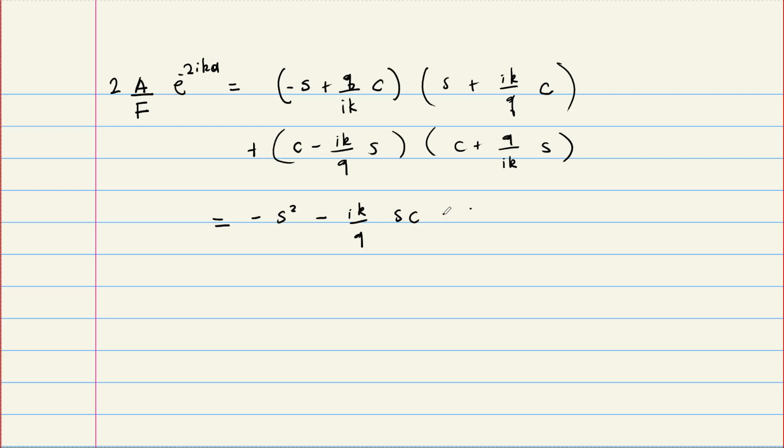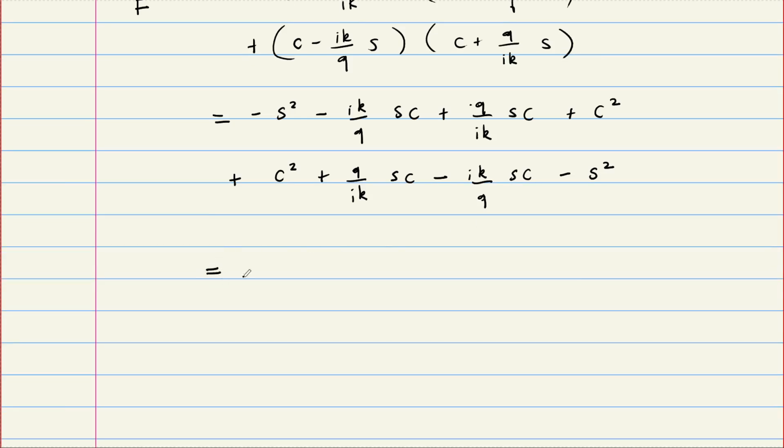Now this and this plus q over ik sc, and lastly this factor is going to be c squared plus q over ik sc minus ik over q, this one and this one, sc, and this one and this one is minus s squared.